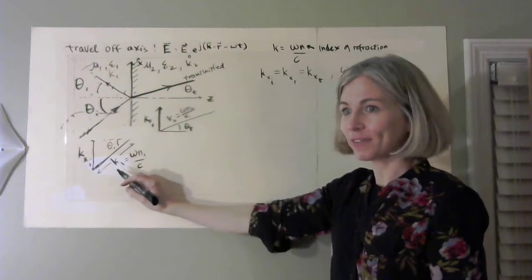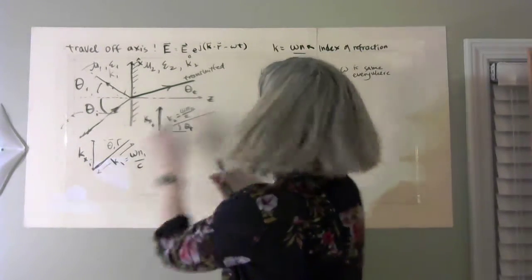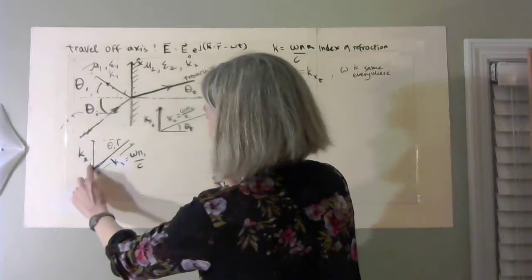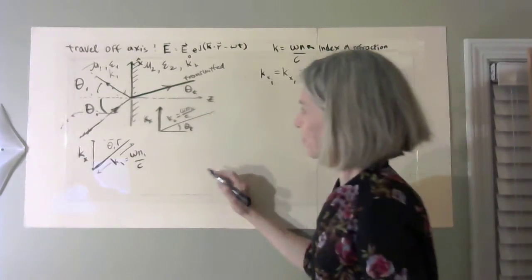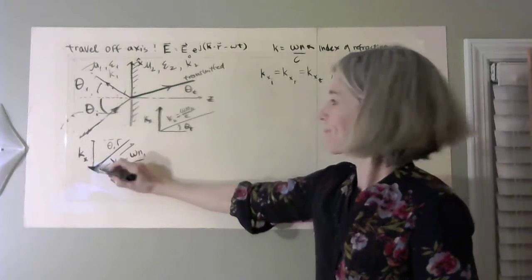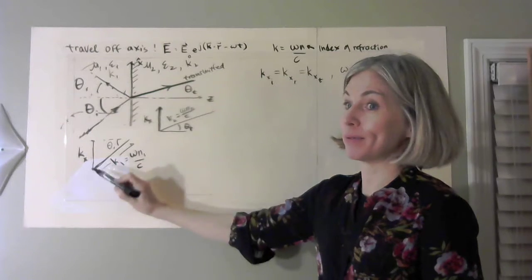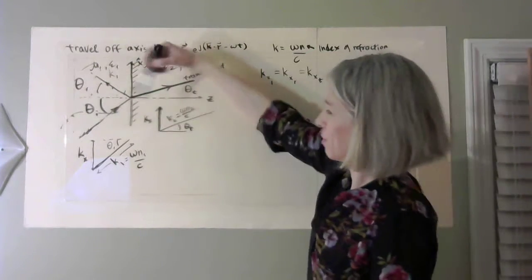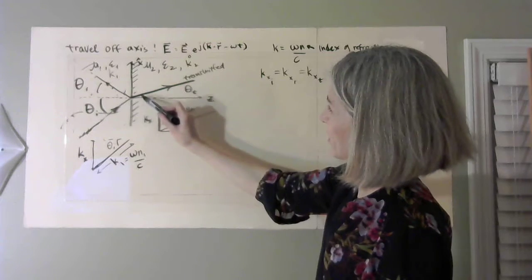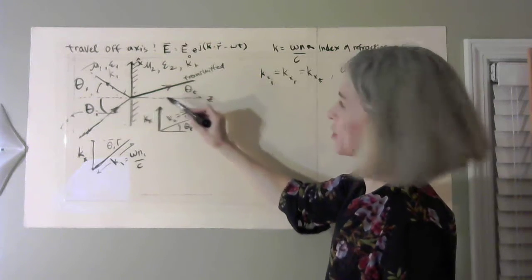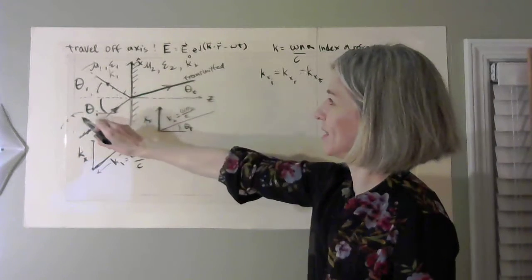What else do we have? These x components turned out to have to be the same across the boundary. So we'll just call them k sub x. We've got the same x height here, but different hypotenuse lengths, whether we're in material 1 or material 2. This one's different, and so I've got a different angle for the transmitted ray with respect to the z-axis. Got my incident angle, my reflected angle.